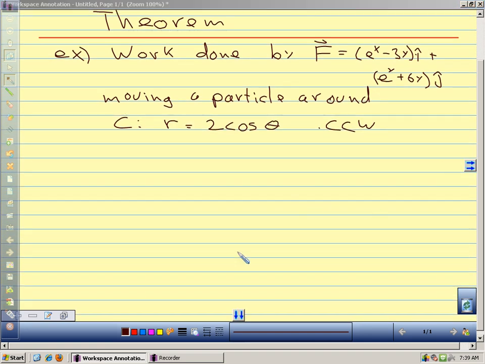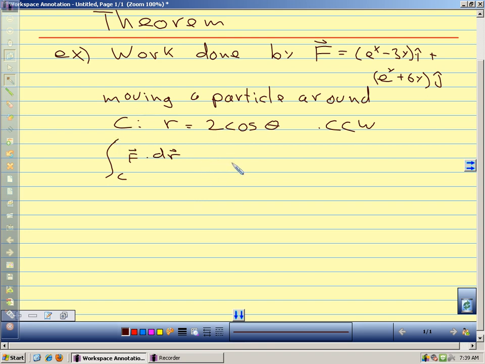So our work is the line integral of the force around the curve. So we're looking for the line integral of F dot dr. And we're going to use Green's theorem to evaluate our line integral.